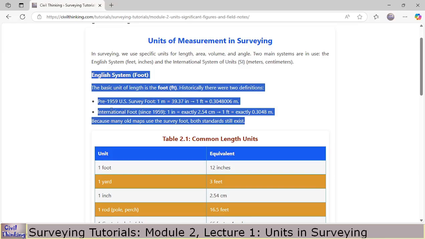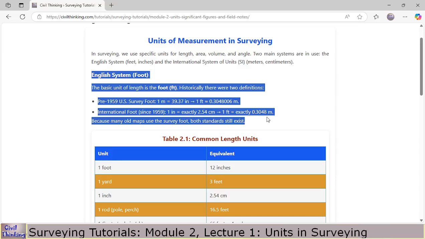Until 1959, 1 foot was approximately equal to 0.3048006 meters. After 1959, the foot is equal to 0.3048 meters, so the 006 is dropped.